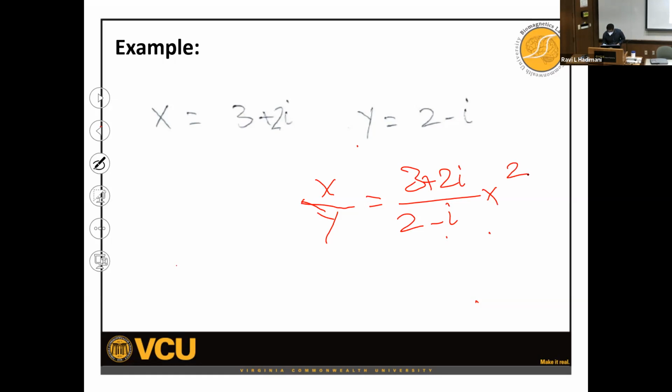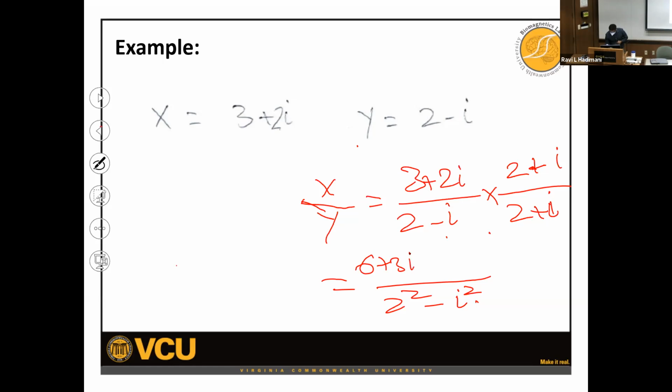I think you have to multiply by 2 plus i over 2 plus i, okay? The denominator becomes 2 square minus i square. We use the a minus b into a plus b is a square minus b square trick here. Then you multiply as usual on top, the numerator, so you have 6 plus 3i plus 4i plus 2i square.